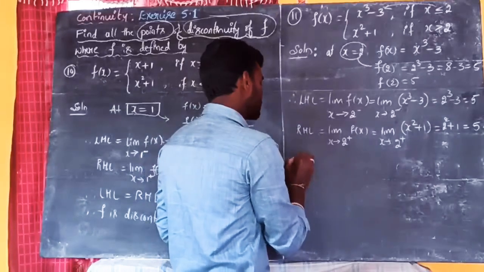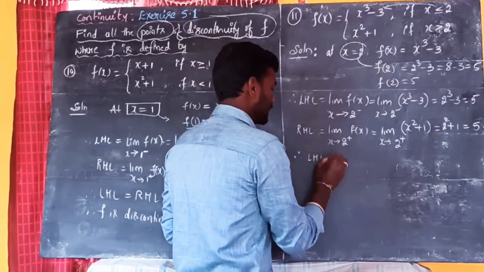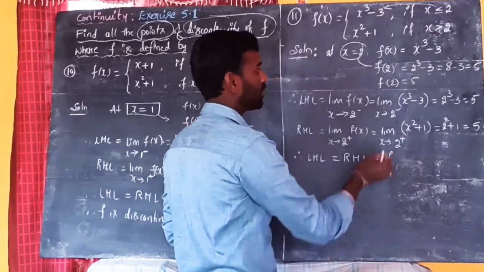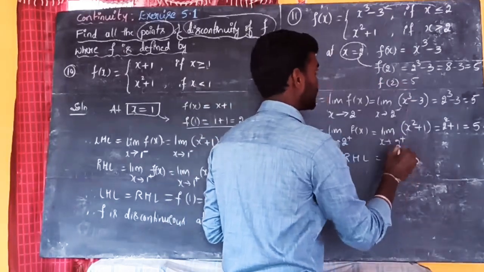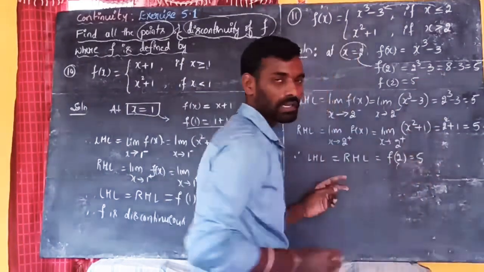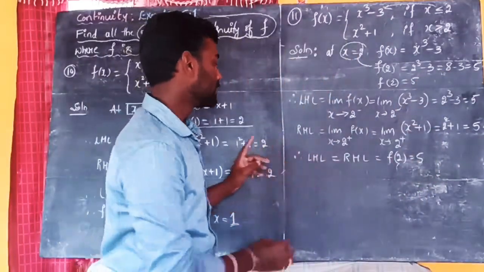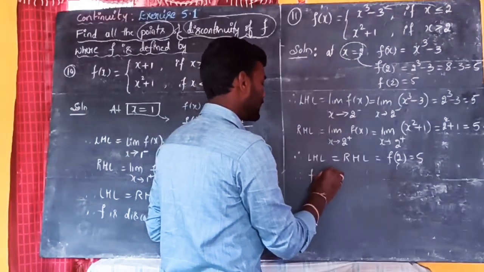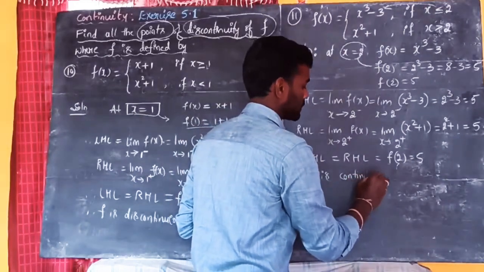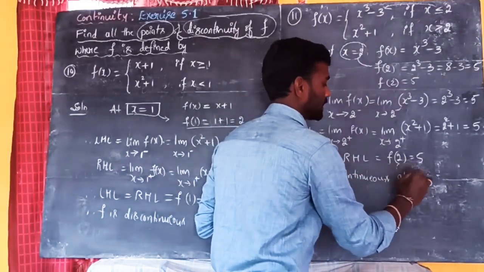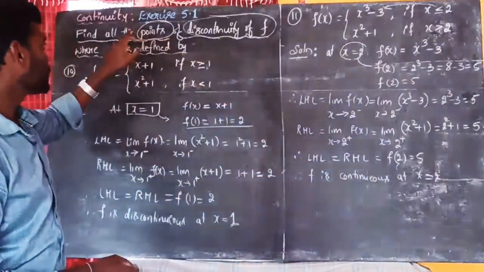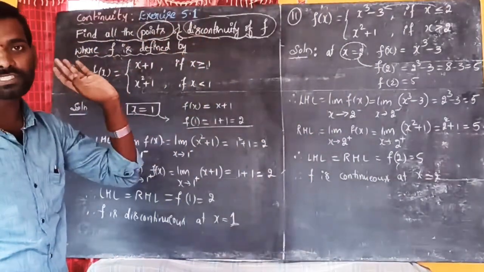Now observe. Therefore LHL is equal to RHL is equal to f of 2 at x is equal to 2. Those are all equal to 5. Therefore f is continuous at x is equal to 2. But here what you have to find out? We have to find out points of discontinuity.